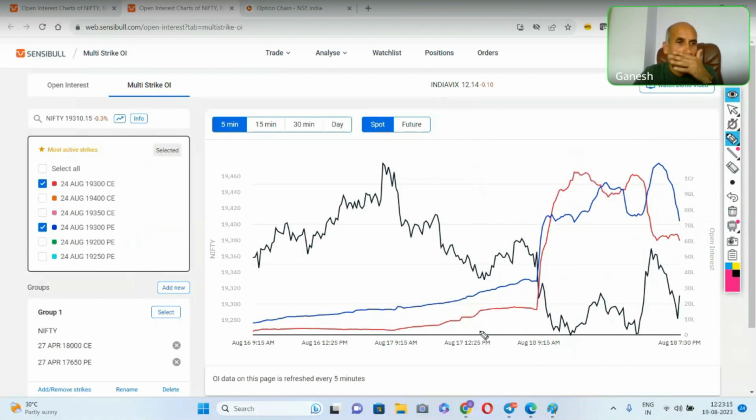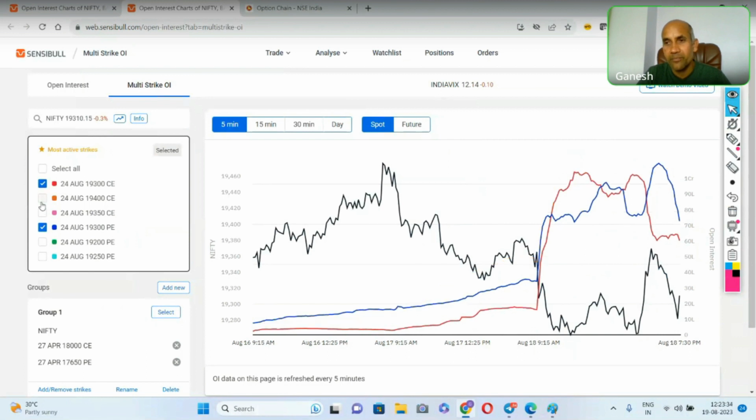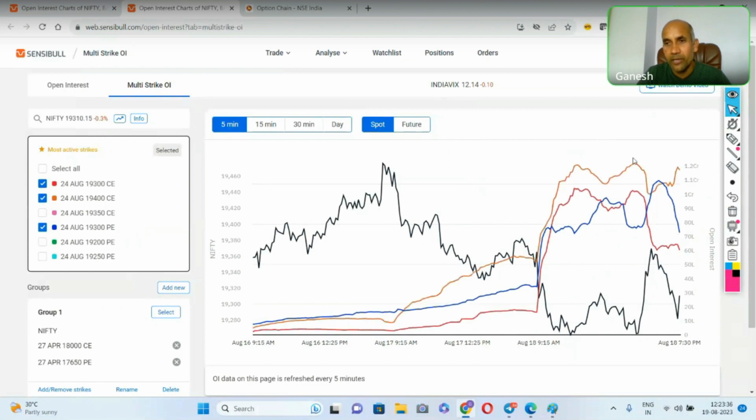Now let's see what has happened to 19,400. Okay, I'll show you. Just observe this one. 19,400. Do you see? 19,400 is still going up. This is 19,400. This is called 19,400.